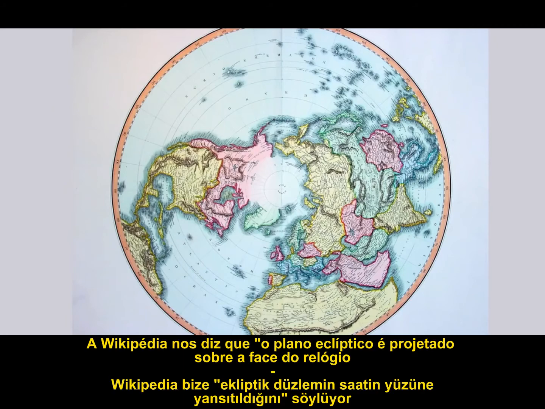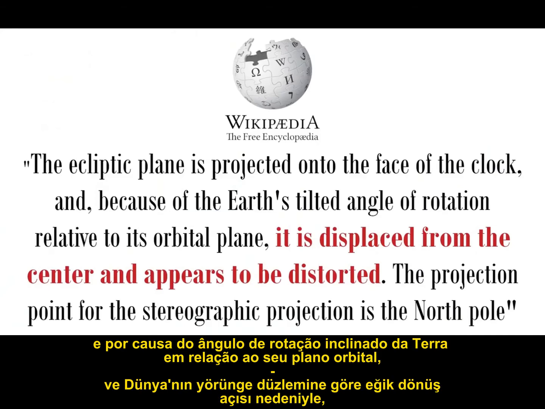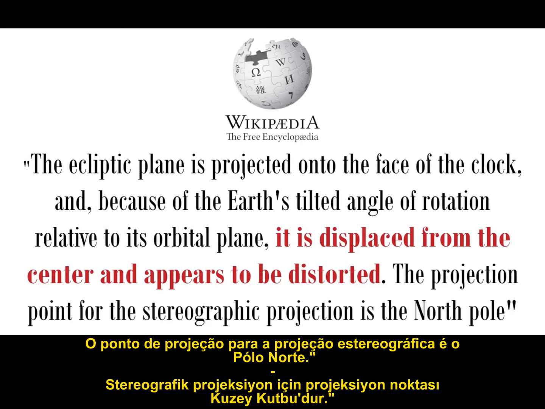Wikipedia tells us that the ecliptic plane is projected onto the face of the clock, and because of the Earth's tilted angle of rotation relative to its orbital plane, it is displaced from the center and appears to be distorted. The projection point for the stereographic projection is the North Pole.